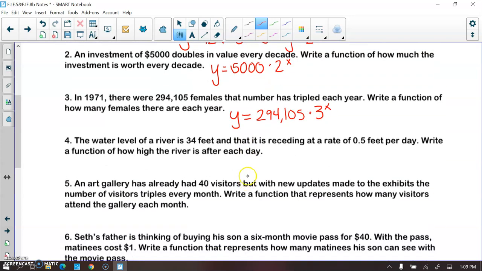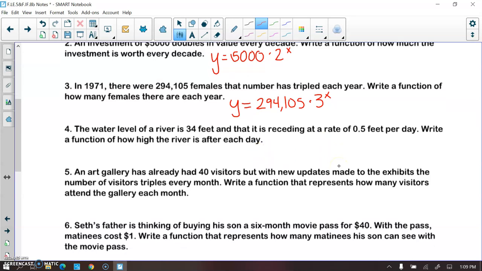Number 4, the water level of a river is 34 feet. So we start at 34 feet, and then it's receding. What that means is the water level is decreasing at a rate of 0.5 feet per day. So on day 1, we're at 34 feet, the next day we're at 33.5 feet, and then the next day we're at 33 feet.